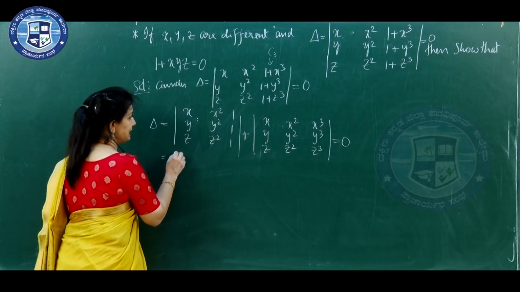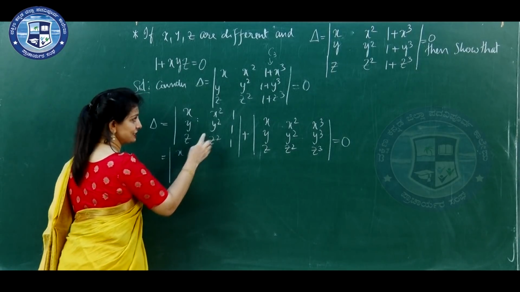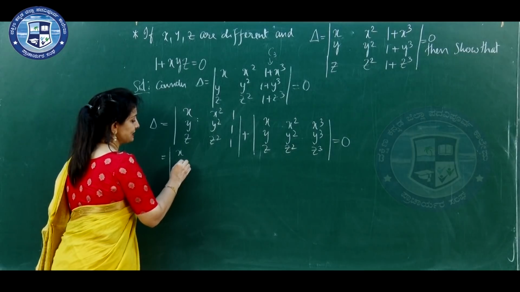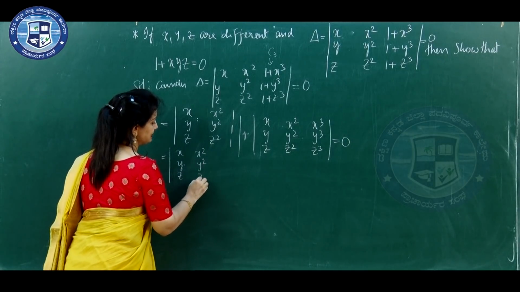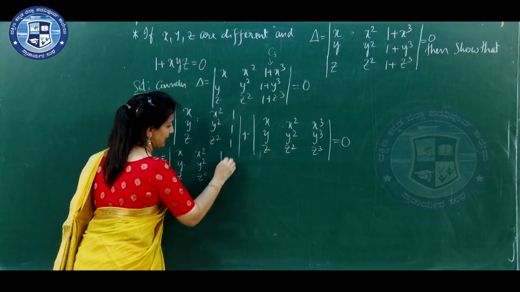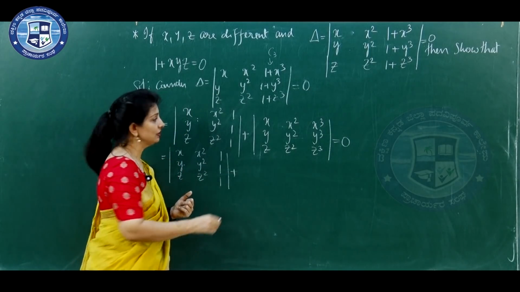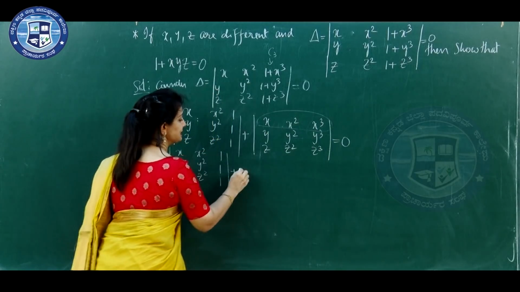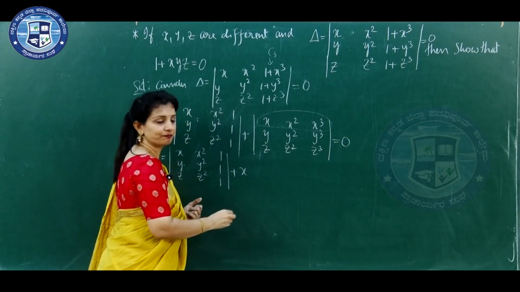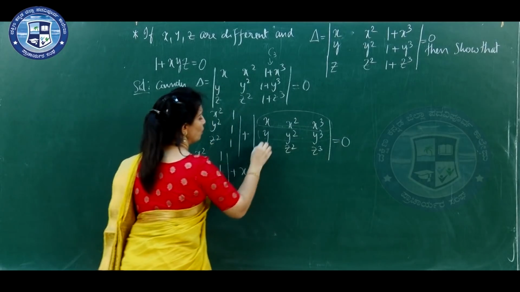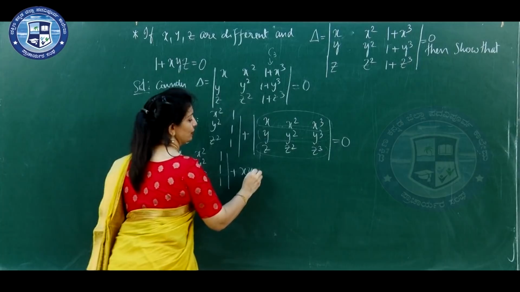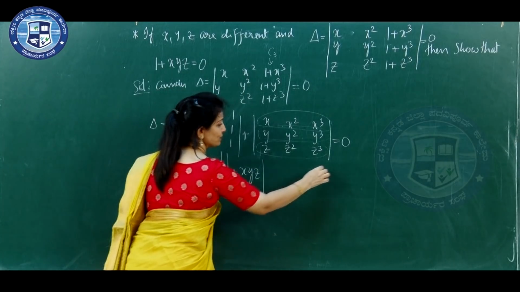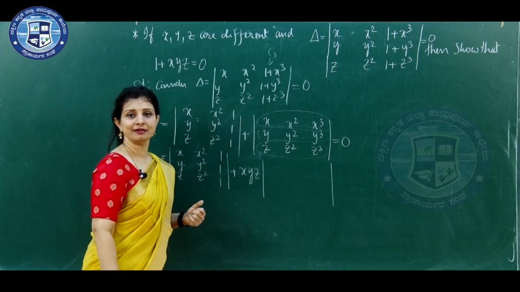So this delta, first determinant we write as it is, x, y, z, x square, y square, z square, 1, 1, 1, plus from the first row x is common, x is taken out. From the second row y is common, y is taken out. From the third row z is common, z is taken out. What are the remaining elements?